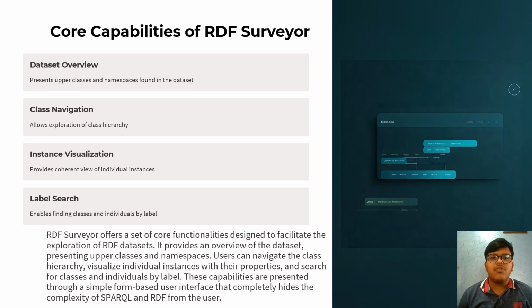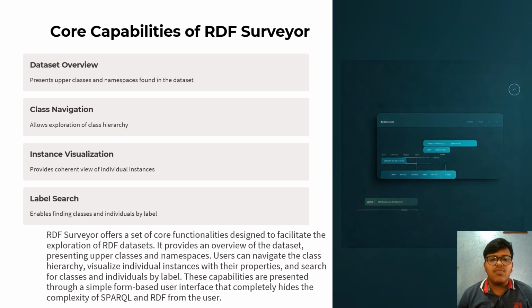Core capabilities of RDF Surveyor. Dataset overview: present upper classes and namespaces found in the dataset. Class navigation: allow exploration of the class hierarchy. Instance visualization: provides a coherent view of individual instances. Label search: enables finding classes and individuals by label. RDF Surveyor offers a set of core functionalities designed to facilitate the exploration of RDF datasets.